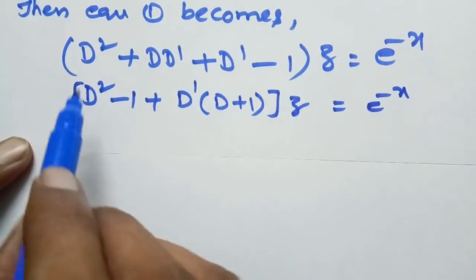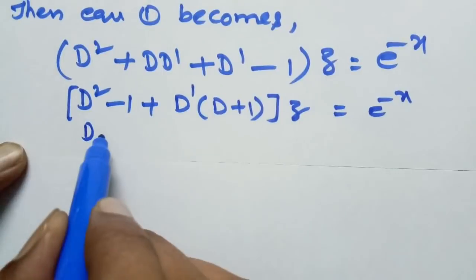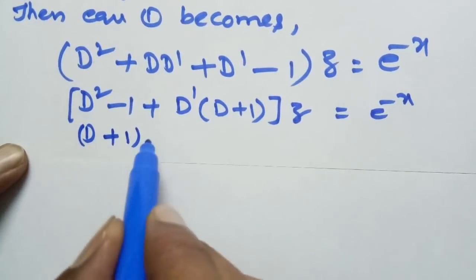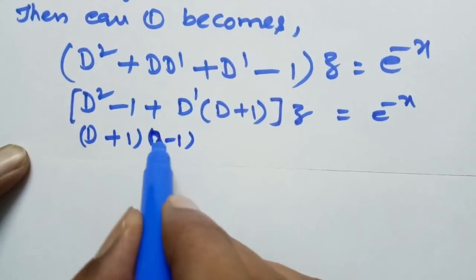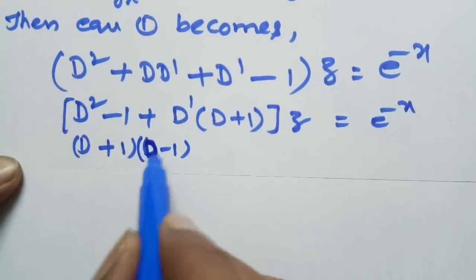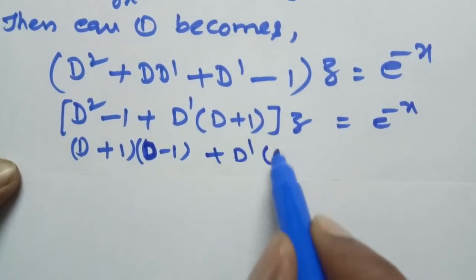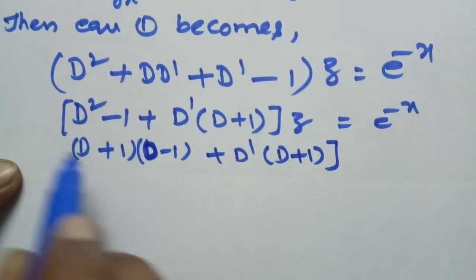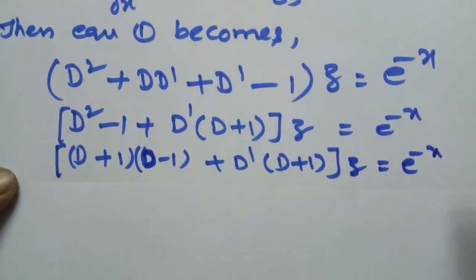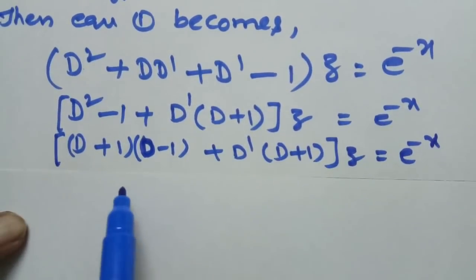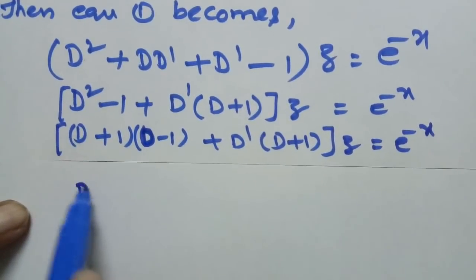Therefore, again this can be written as ((D² - 1²) + D'(D + 1)) z = e^(-x), where D² - 1 is (D + 1)(D - 1), using a² - b² = (a + b)(a - b). Here D + 1 is a common factor.